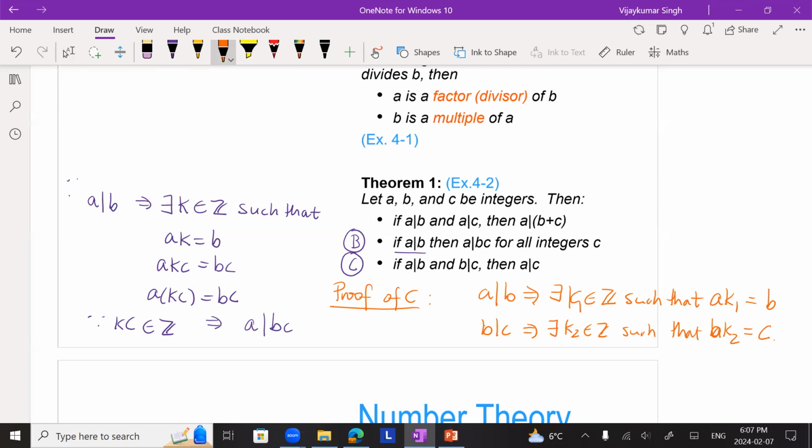This is again coming from the definition of divisibility. A divides B means there is some K1 such that AK1 is B. B divides C means there exists some K2 in Z such that BK2 is C.